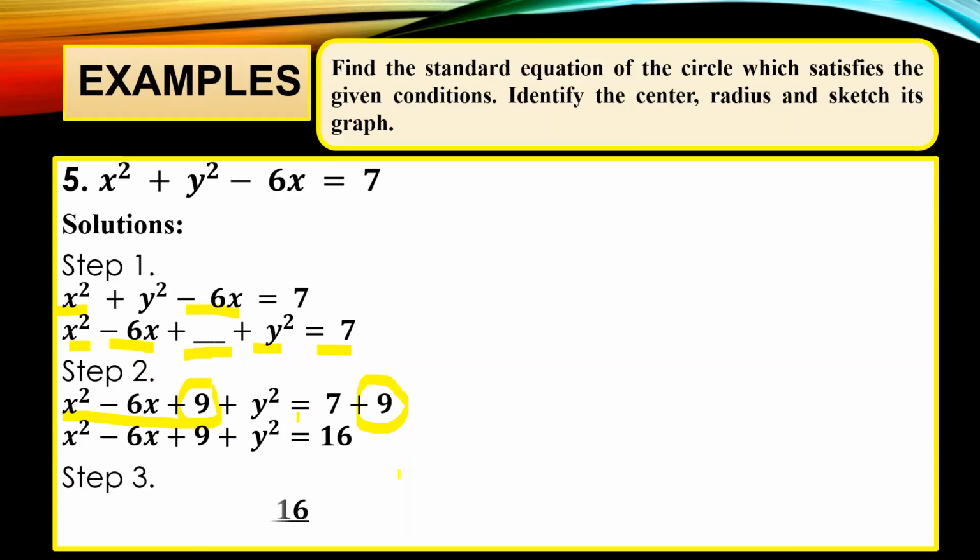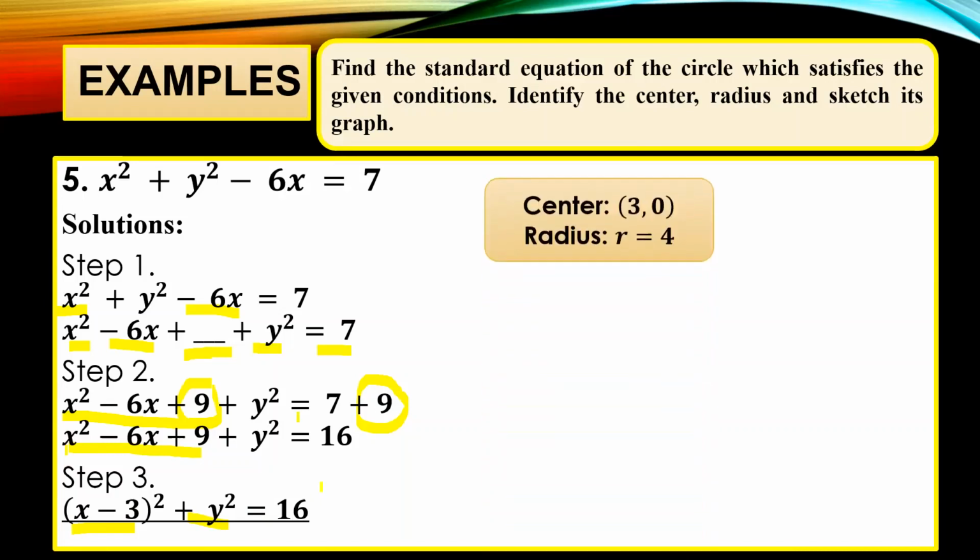So step 3, we have to factor. The factor of x squared minus 6x plus 9 is (x − 3) squared. If you multiply (x − 3) times (x − 3), the result will be x squared minus 6x plus 9. Then plus y squared equals 16. So from here, what will be the center? The center will be 3. Why 3? Again, this is h.